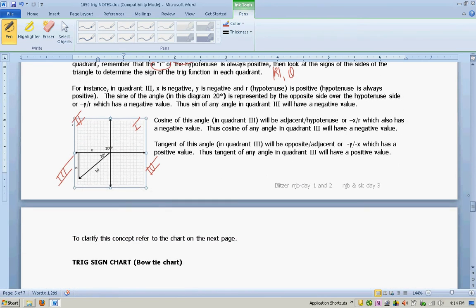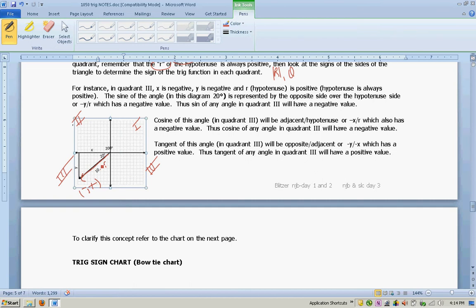If we have an angle in quadrant 3, so here's our angle in quadrant 3. We know in quadrant 3 that the sign of x is negative and that the sign of y is negative. And we know that the length that is 10, which is r, is positive because r is always positive. It's actually a displacement value.